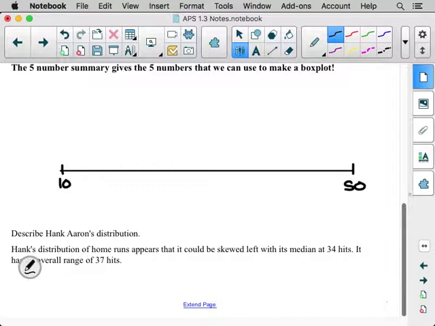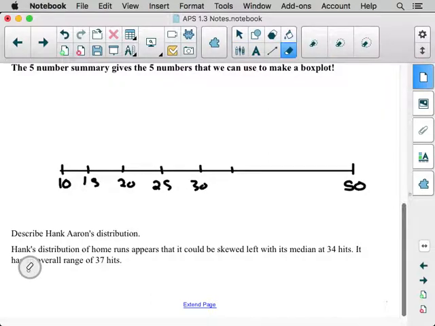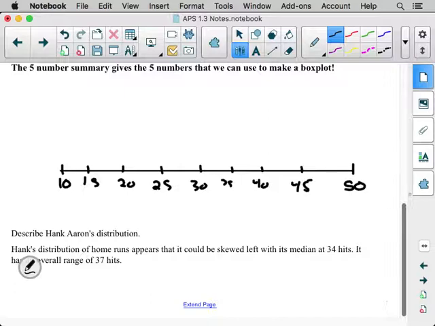Easy enough. And then let's count by 5s. 15, 20, 25, 30, 35, 40, 45, 50.